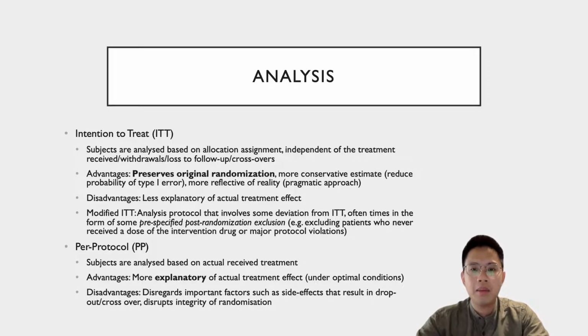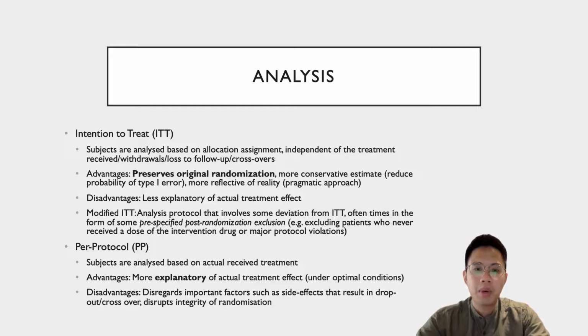The intention to treat approach is also generally a more conservative approach, because patients may drop out or may stop taking a certain medication because they can't tolerate the side effect. And it is hence also considered a pragmatic approach because it is more reflective of reality. The main disadvantage is that it is usually considered less explanatory, because if you want to map the effect of a certain drug, or rather map the outcome to whether or not you actually took the drug, then the per protocol analysis is more explanatory in that sense.